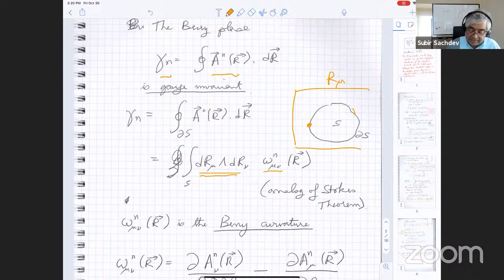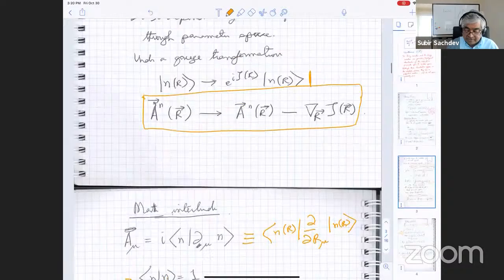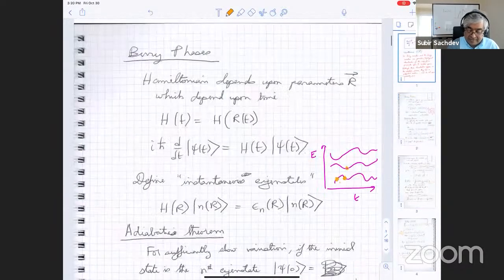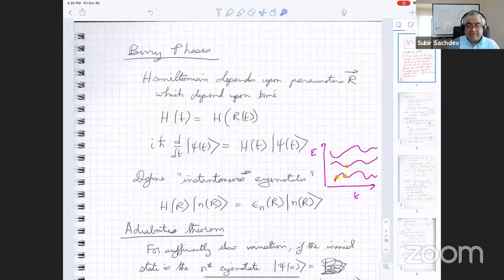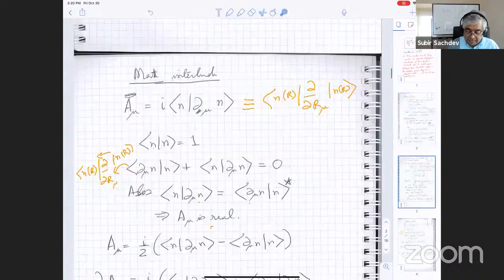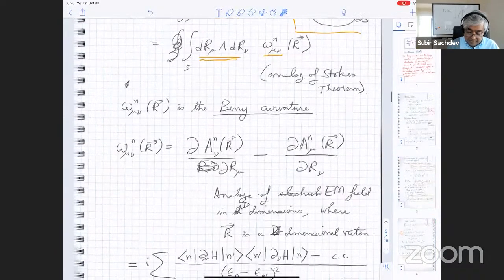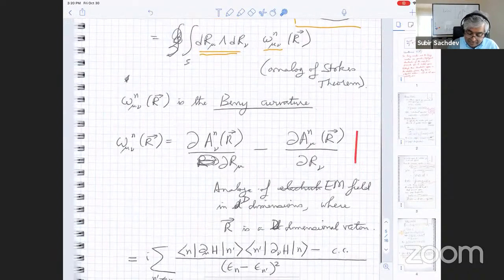Notice the Berry curvature depends on n, which is which state you're referring to. So every state here that I drew as a function of the parameters has its own vector potential and its own Berry curvature in this parameter space. Okay, so there's the quantity that I already gave.